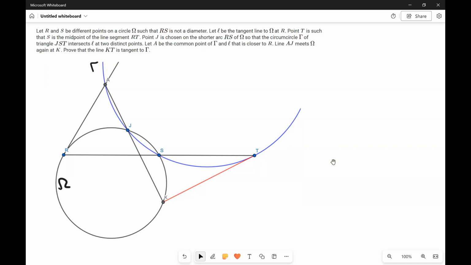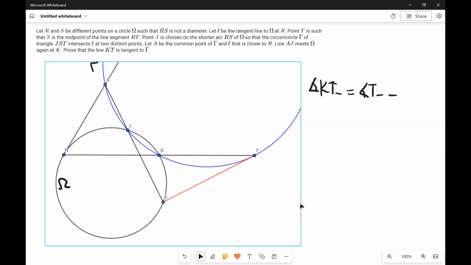So how do we get started on this problem? Well, we can try using the tangency condition to get somewhere. So we want to show that directed angle KT something is equal to directed angle T something something. So what could this something be?